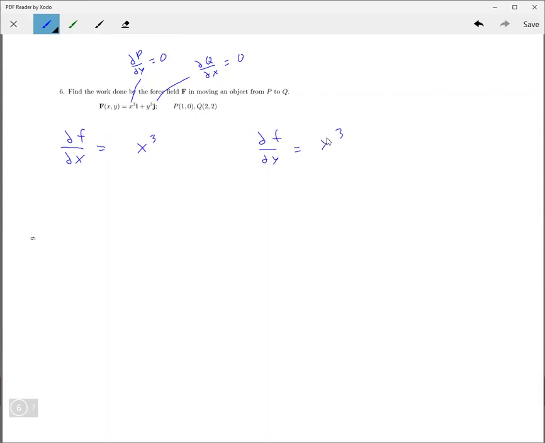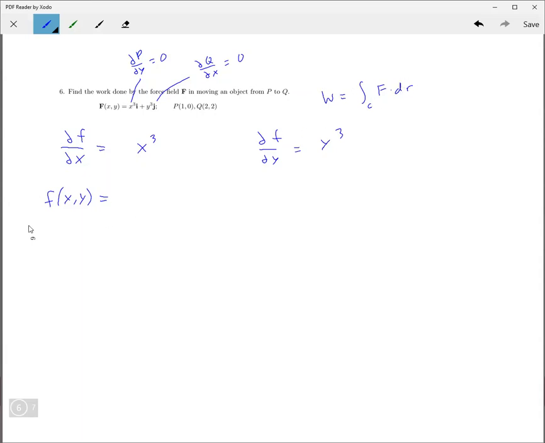A partial of f with respect to x is equal to the first part, which is x cubed, and then the partial of f with respect to y is equal to y cubed. By the way, the work is going to be equal to the integral of F dot dr, which is just like what we were just doing.